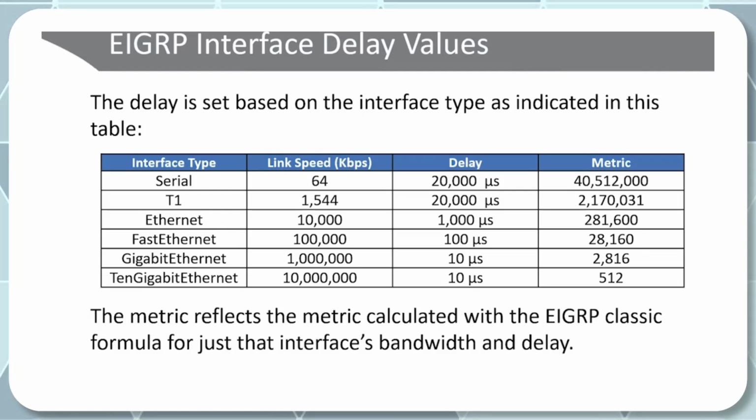For example, if you have a 10 gigabit connection, then the delay will be 10 microsecond. If you have gigabit, then also 10 microsecond. Now here is the problem. But you can see the metric is changing with the help of the formula. So for different connections there will be different delay, and different metric as well.